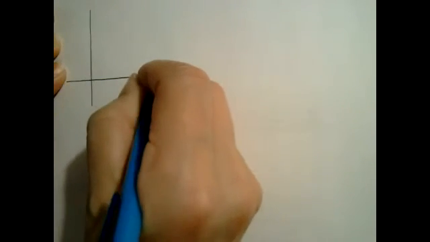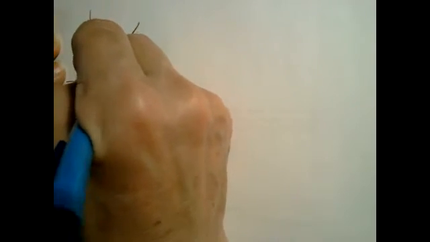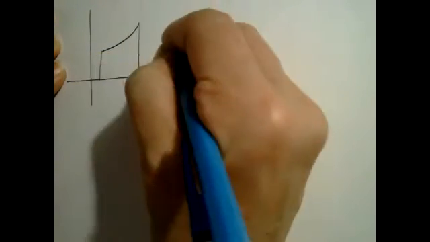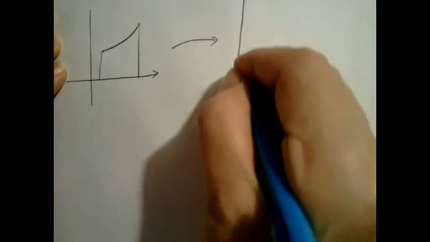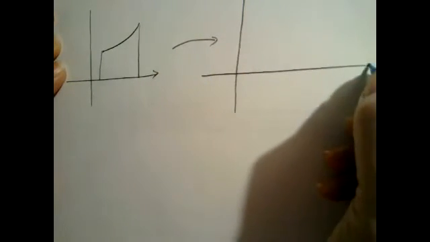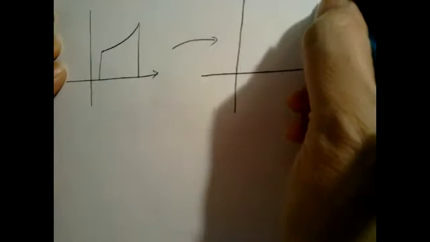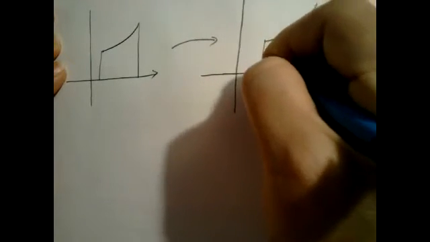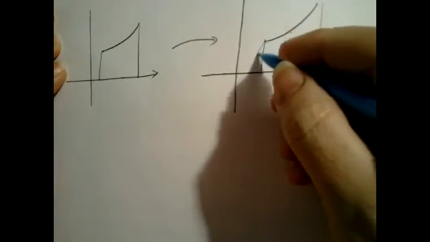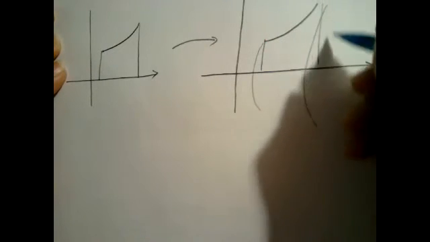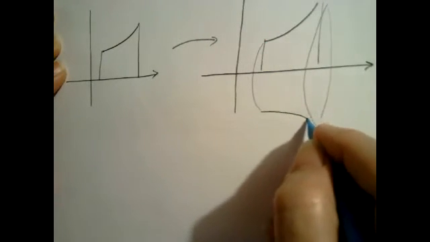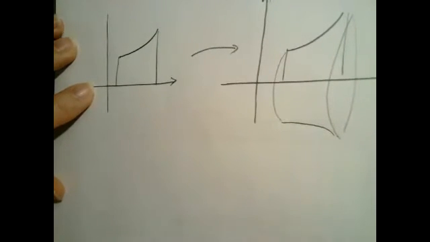All right. So we're going to do it like this. So this is the region. And this is its rotation right there. What I'm going to do is the following.